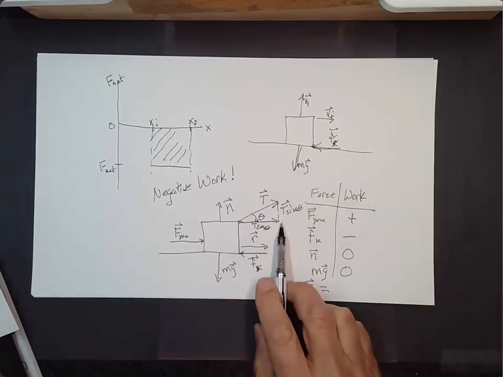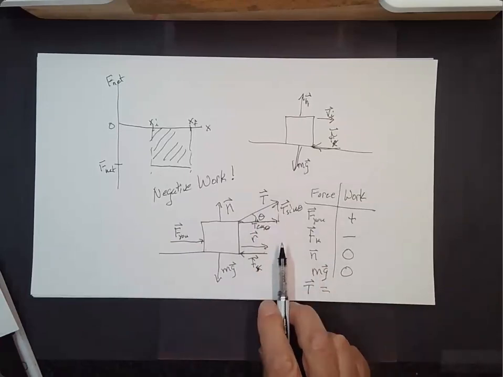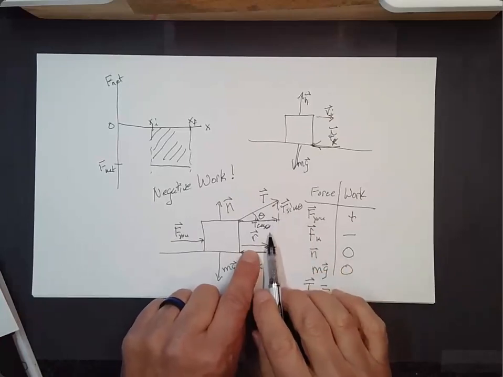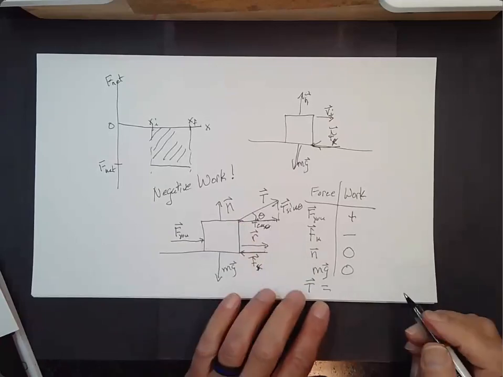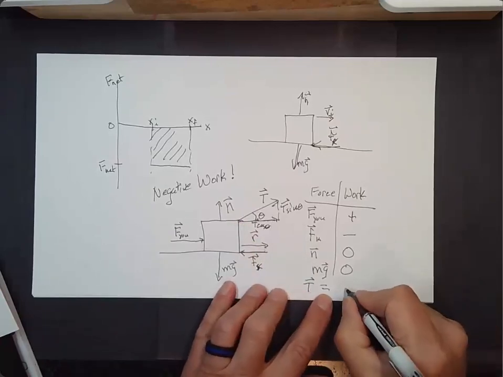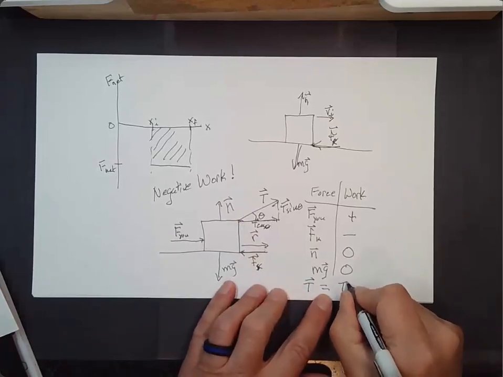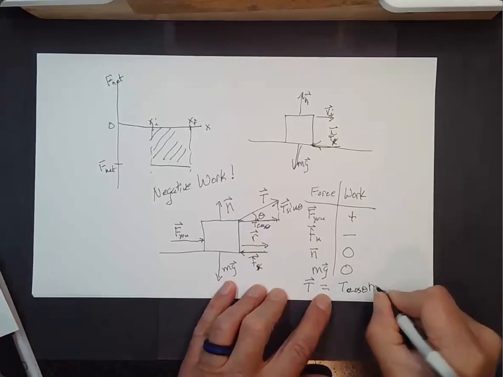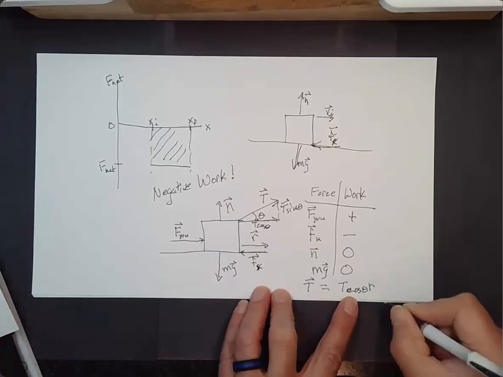Turns out that component of the tension that's perpendicular to the displacement doesn't do any work, but the one parallel does. And what we get is T cosine theta times r, where r is the displacement.